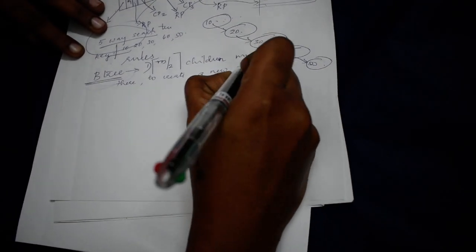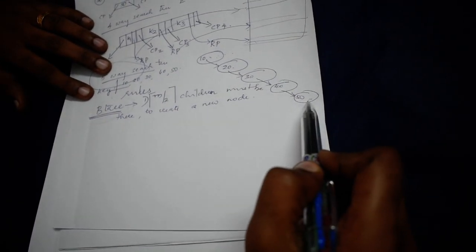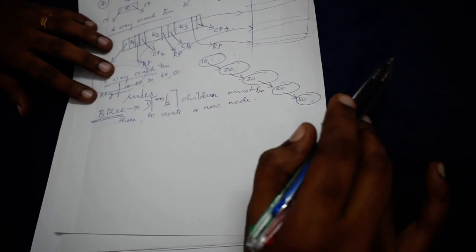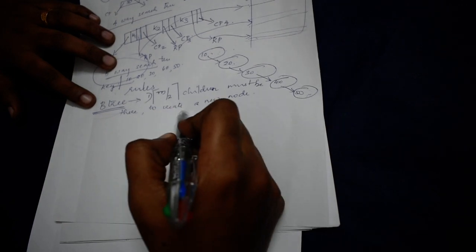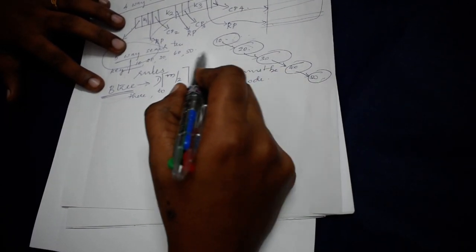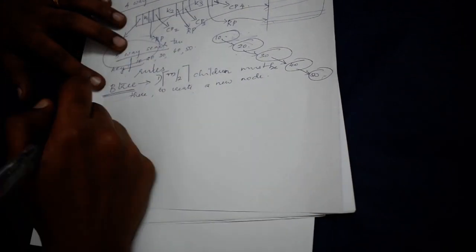That is the very important first rule in B tree. In an M-way search tree, I told you I am simply adding nodes. That's why it is not useful for indexing. So the B tree first rule is, in order to create a new node, the existing node should be at least half full. Then only I can create another node. That is the first rule.